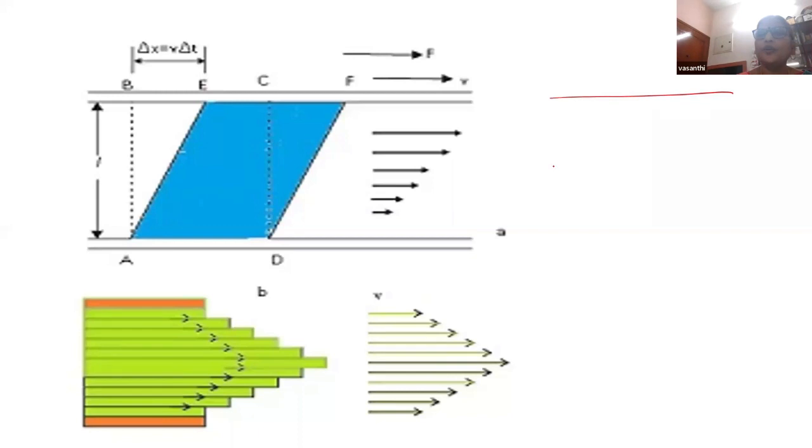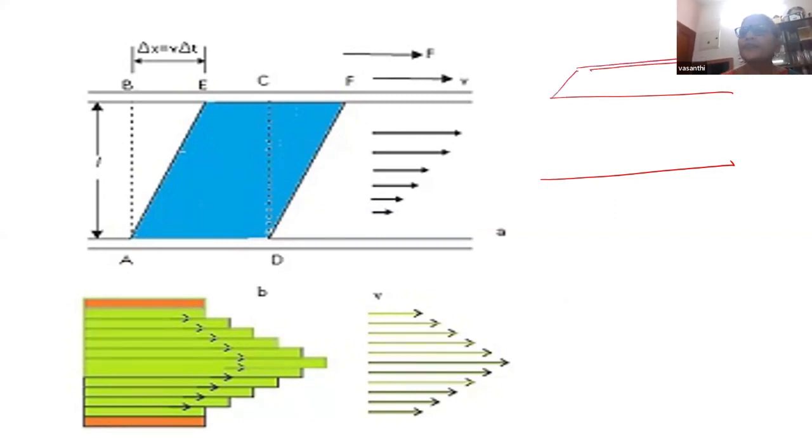So if a liquid is moving in a tube, or suppose you assume that the liquid is restricted between two parallel plates, and you are giving a velocity v to the layer close to the top plate. So you take two parallel plates like this, or you can assume a tank.